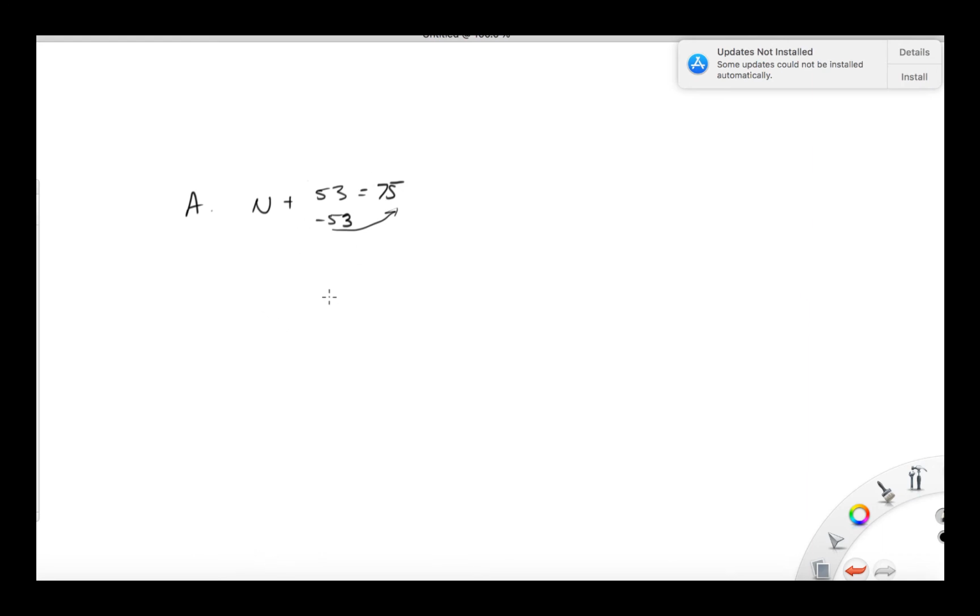And the reason I subtract 53 is because 53 here is positive. So I want to completely erase this. So the only way to do that is subtract it. But what I do there, I have to do on the other side of the equal sign. So I have to subtract 53 on this side of the equal sign. So now I have n equals 75 minus 53.